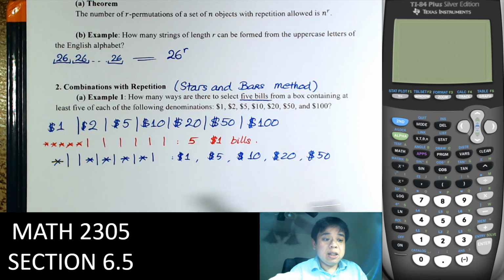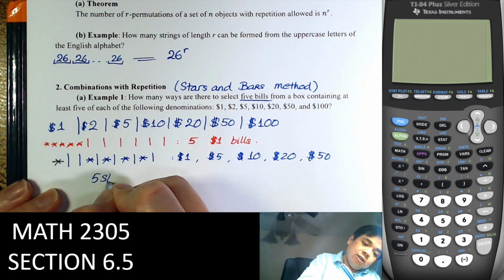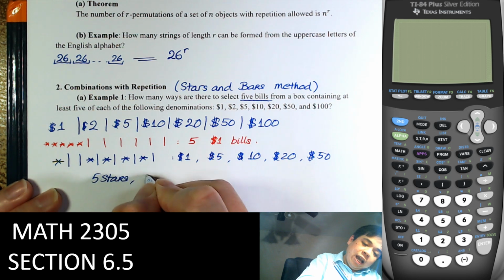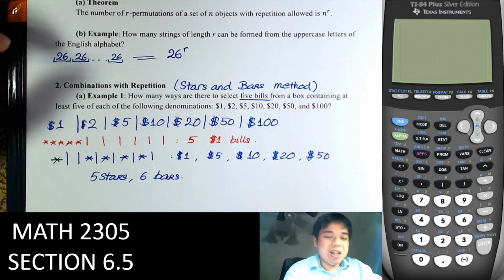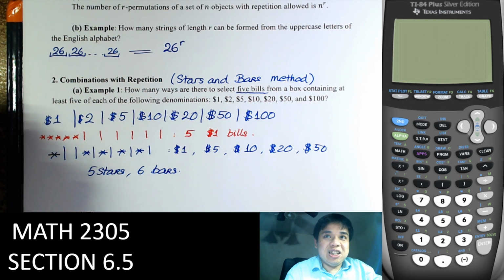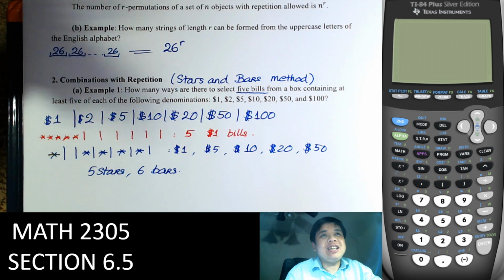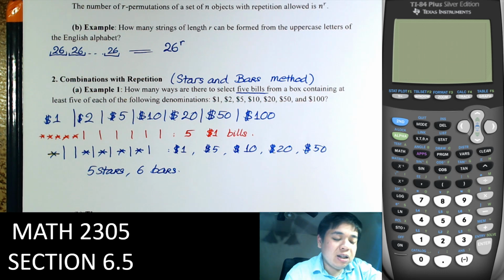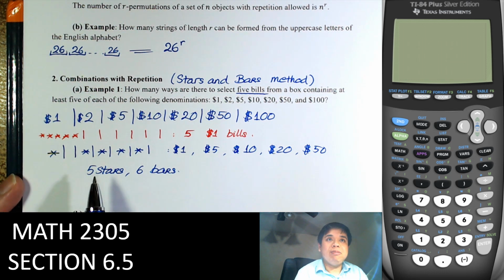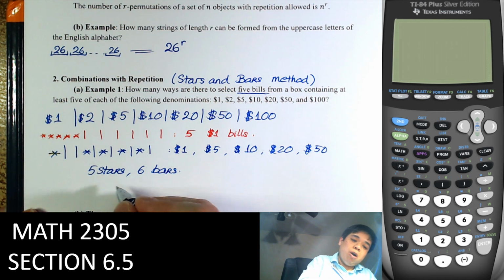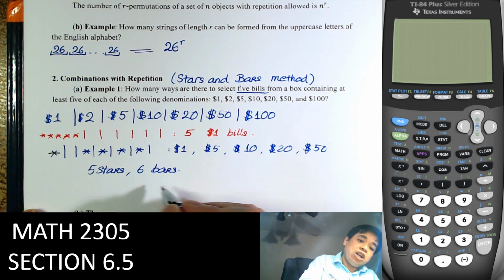So in this case, we have 5 stars and 6 bars, or as I sometimes say, 5 dots and 6 dashes. Right, now we just need to find a way to rearrange them, so it will be easy, right? So bottom line is there are 11 objects in total.